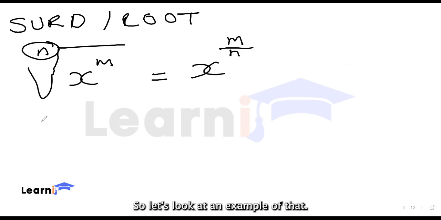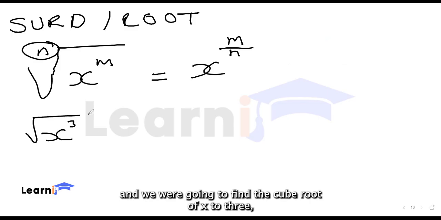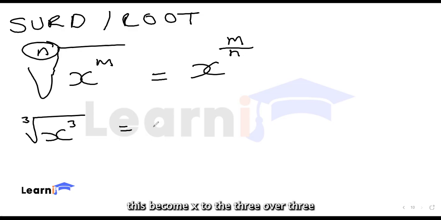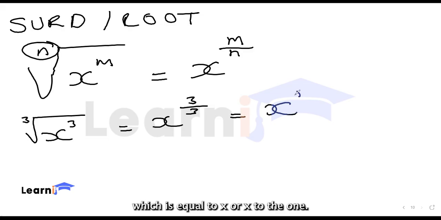Okay, so let's look at an example of that. If I had x to the 3, and we were going to find the cube root of x to the 3, this would become x to the 3 over 3, which is equal to x, or x to the 1.